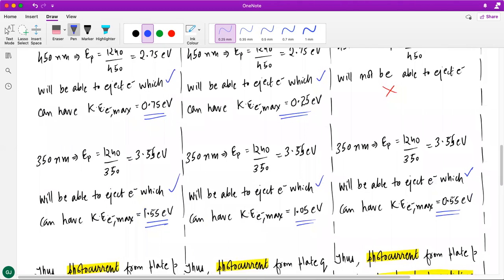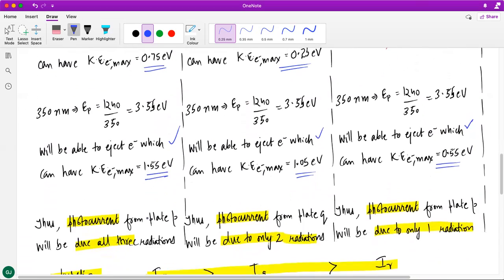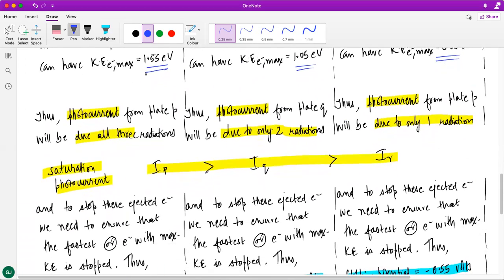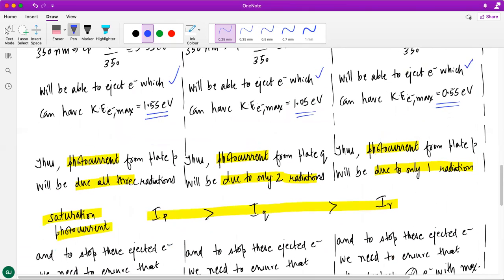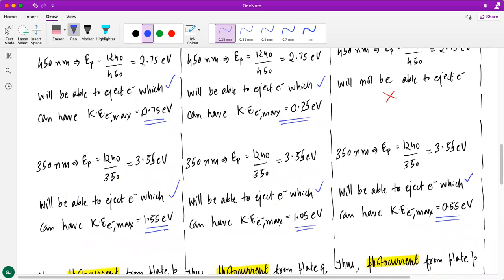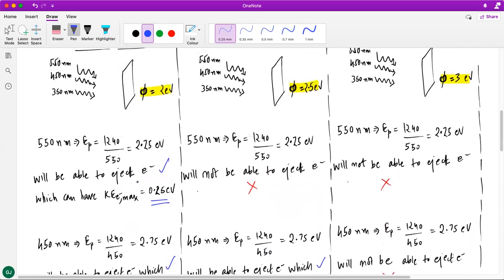So the 350 nanometer is able to eject the electrons with maximum kinetic energy, which is 1.55 eV. So you'd want to apply a potential difference that can stop that electron, and hence the stopping potential will be minus 1.55 volts. Right? If the stopping potential is able to stop this electron, then all the rest of the electrons will also get stopped.